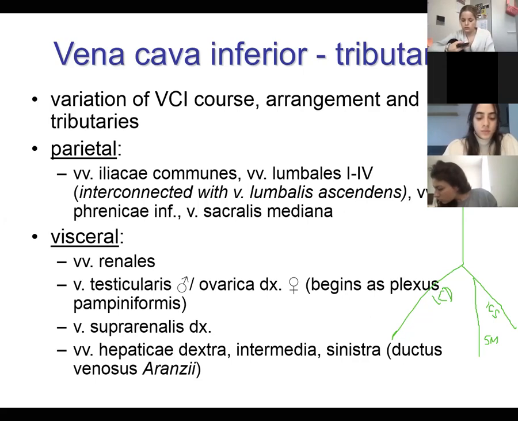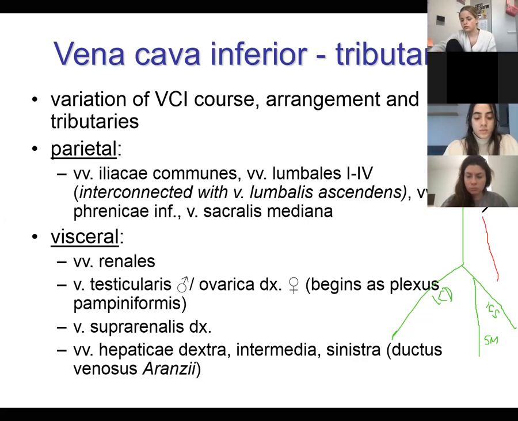Okay, suprarenal gland. How many arteries supply suprarenal gland? Can you tell me? 3. Perfect. And we have only one vein. Only one vein, yeah? On the right side directly. On the left side, because it's too far, it goes into renal. Yeah?